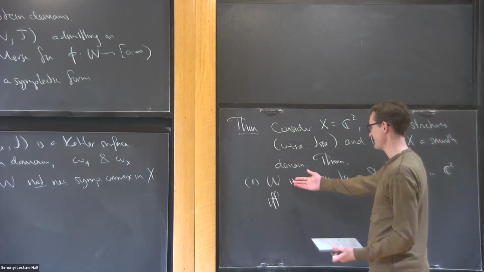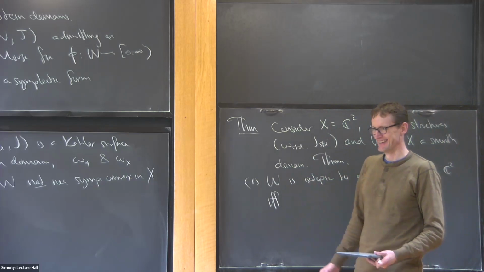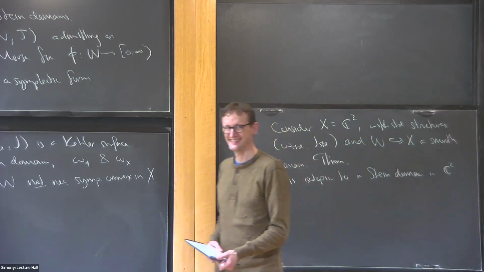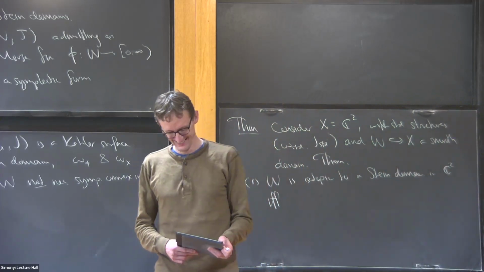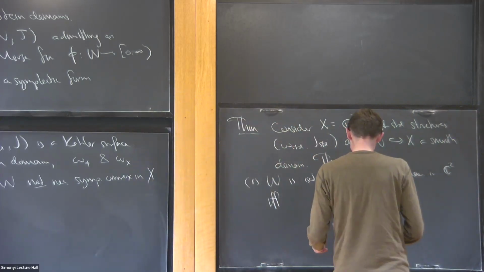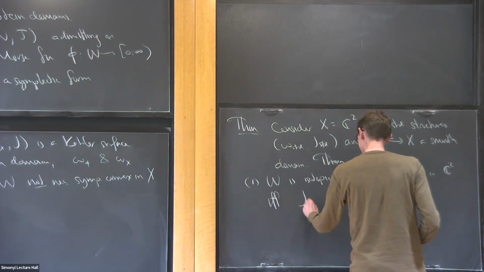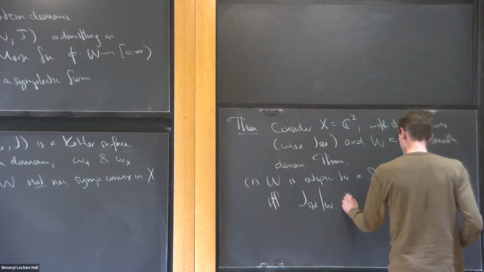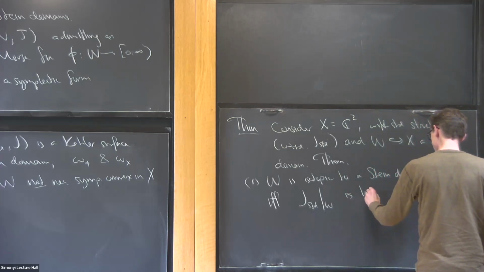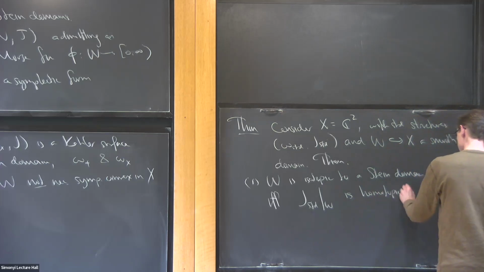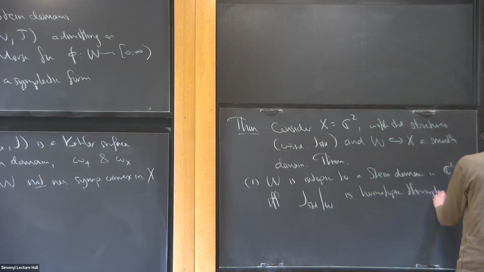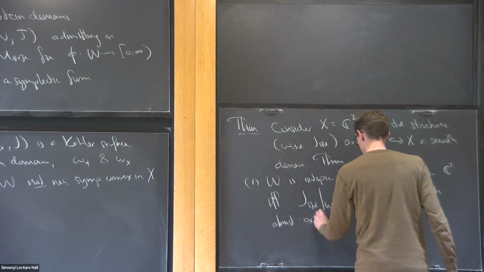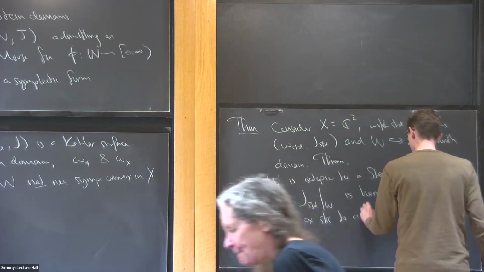So W has to be such that the standard complex structure restricted to W should be homotopic through almost complex structures to your Stein structure.